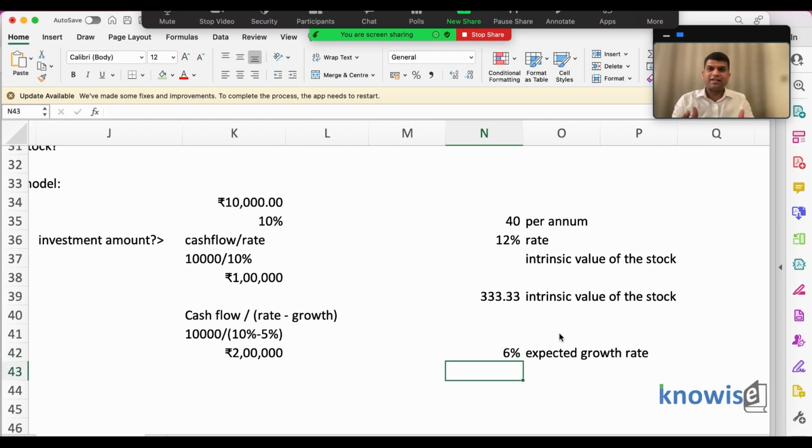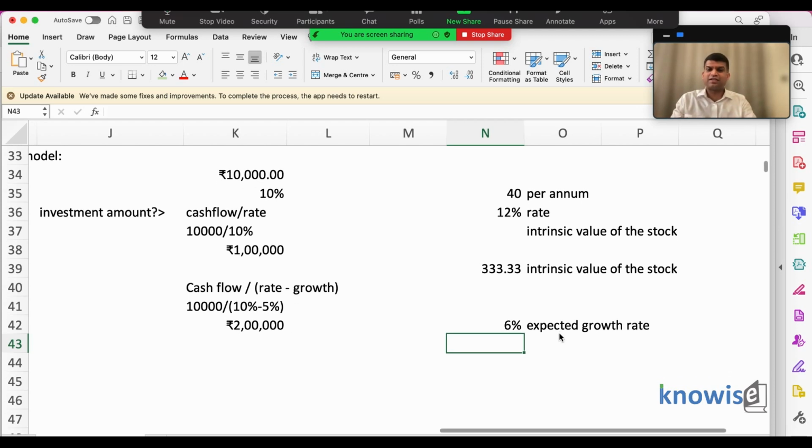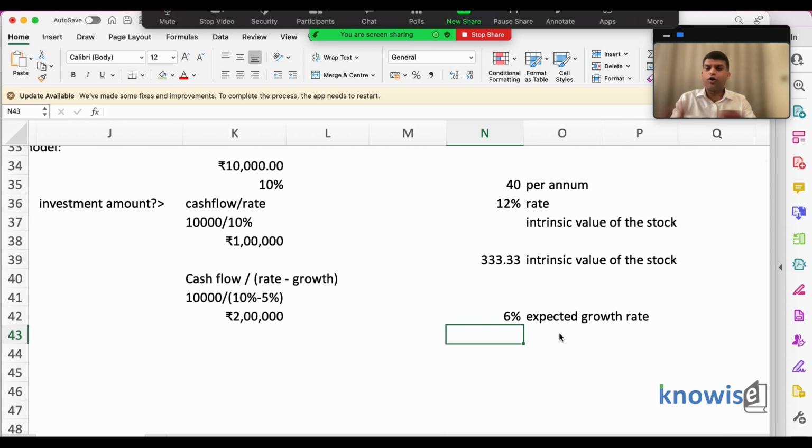In that case, if the dividends are expected to grow by 6%, what should be the intrinsic value of the stock? Very similar to the previous example with respect to donation, let's apply the same logic here. All you need to do is take the cash flow, that is 40 in this case, the dividend, divided by 12% expected rate of return minus the 6% by which dividends are expected to grow every year.